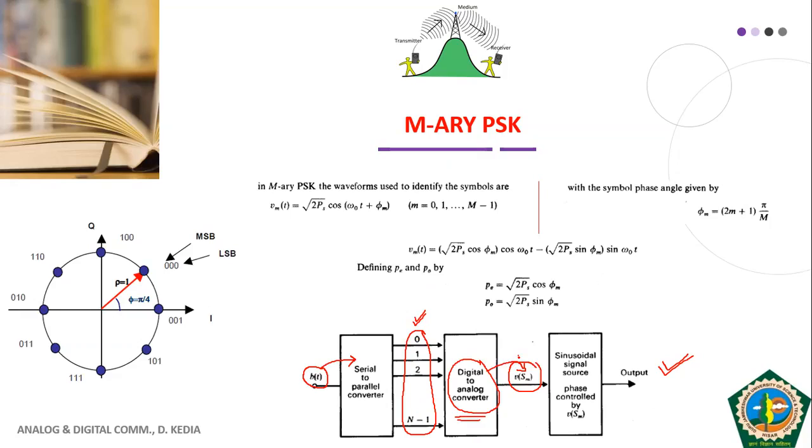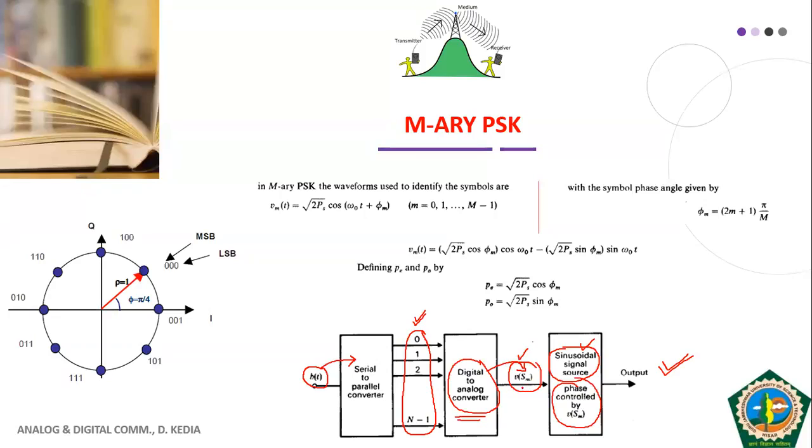So once we get this V_SM, with the help of that value we will generate a sinusoidal signal of constant amplitude but varying phase. Whose phase will be controlled by this V_SM.